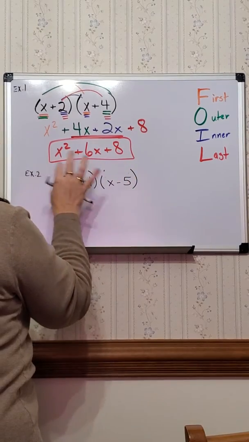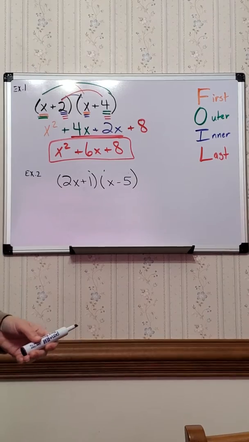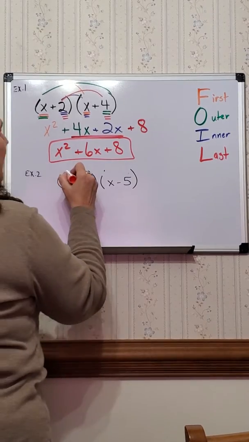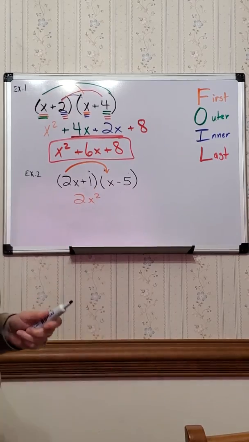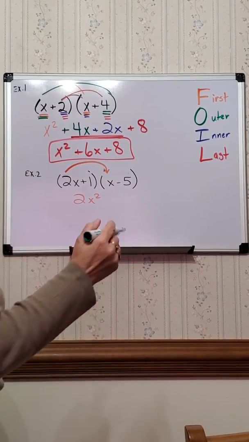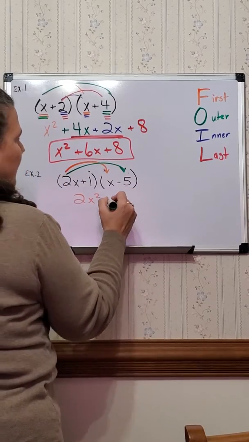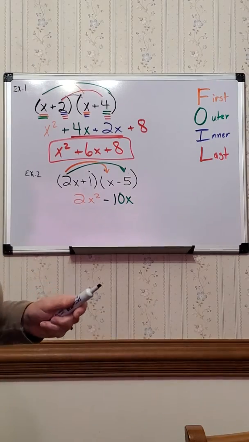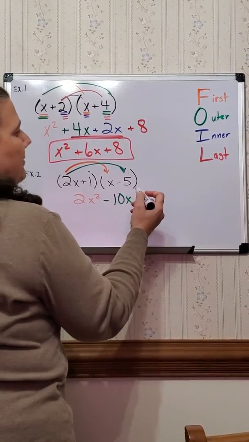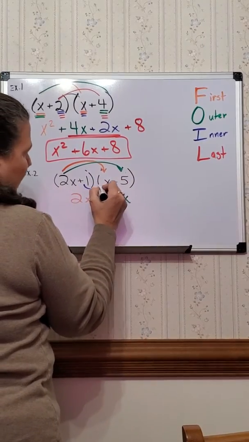So let's go ahead and we're going to use our FOIL method on example 2. So we start with our first, here to here, that's going to be 2x squared. Then we're going to go to our outer. So again, I'm going to take this, I'm going to distribute it over here. So that's minus 10x. Then I'm going to take my inner, which is here to here.